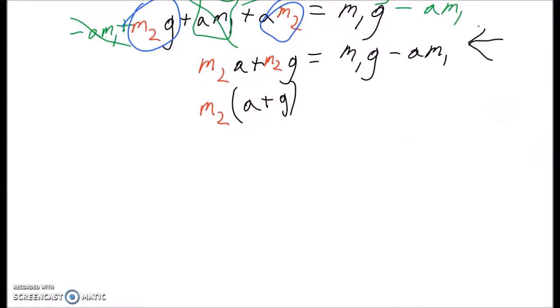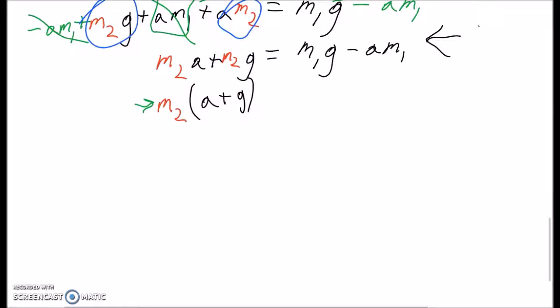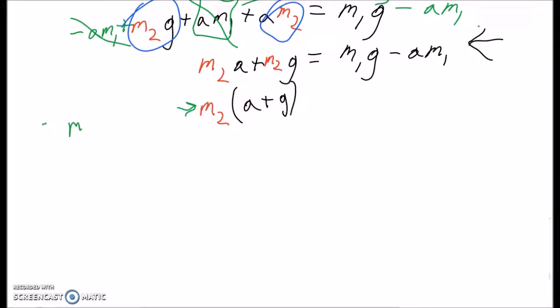So if you don't believe me that this step works, take a look at this. If we write it out, m2 a plus g, and instead of taking it out of the brackets like we did here, let's put it back into the brackets, like that.